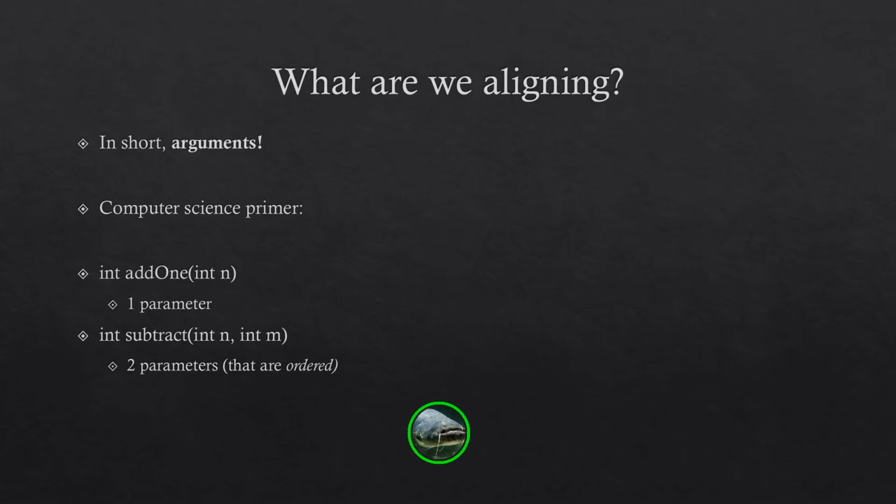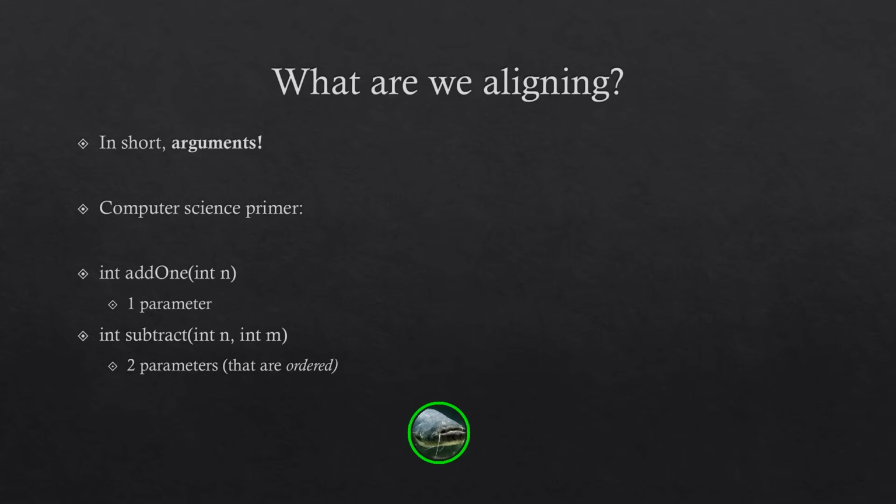We can imagine a subtract function that takes two integers and subtracts one from the other. So there are two parameters, and crucially, these are ordered. If I swap my inputs n and m, I'm going to get a different behavior within the function. So the order of the parameters does matter.